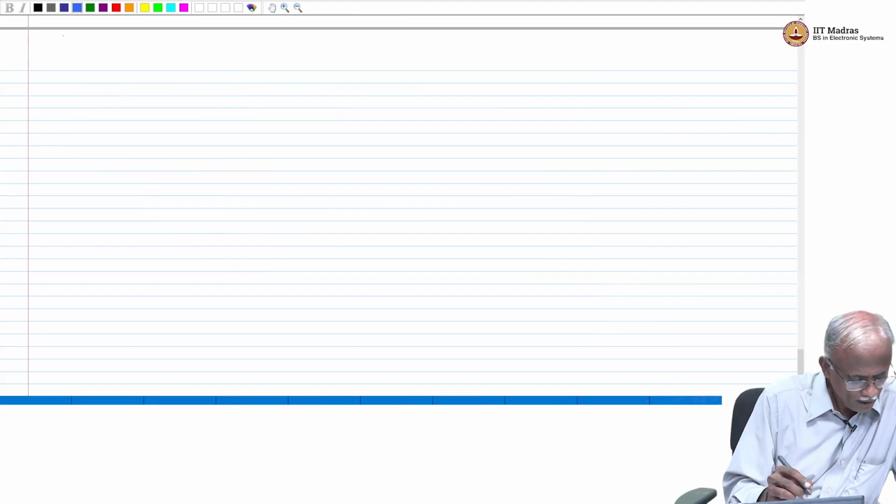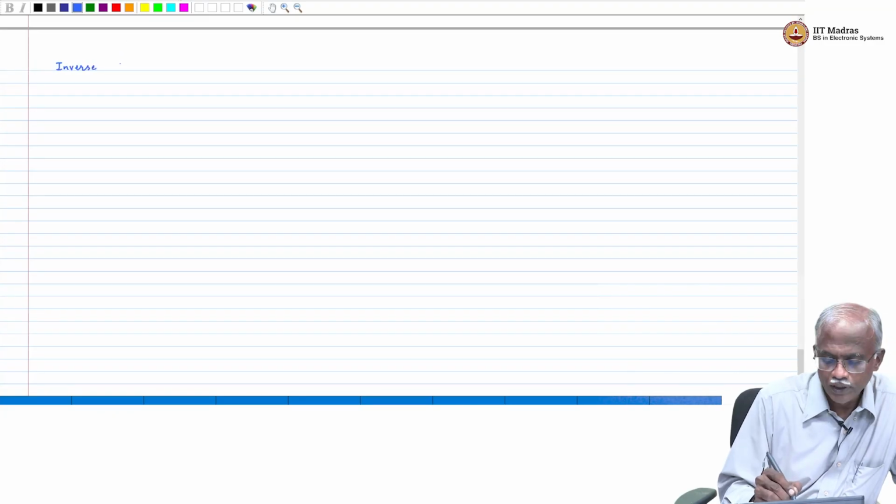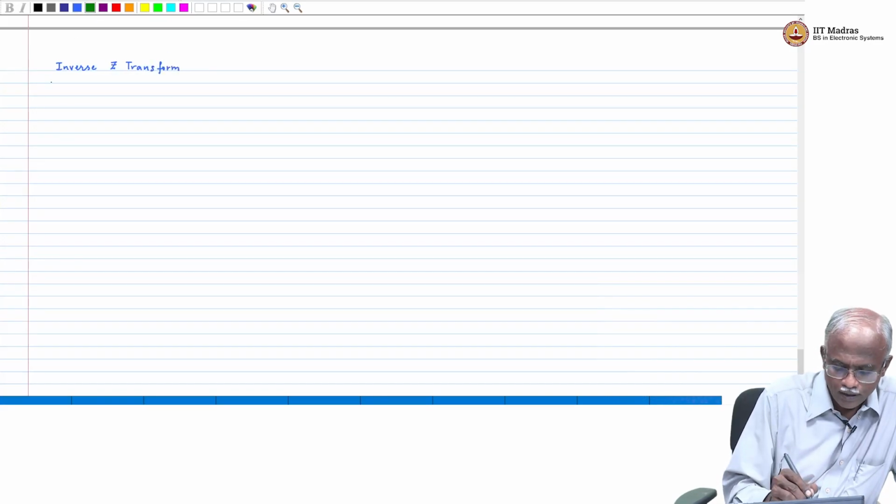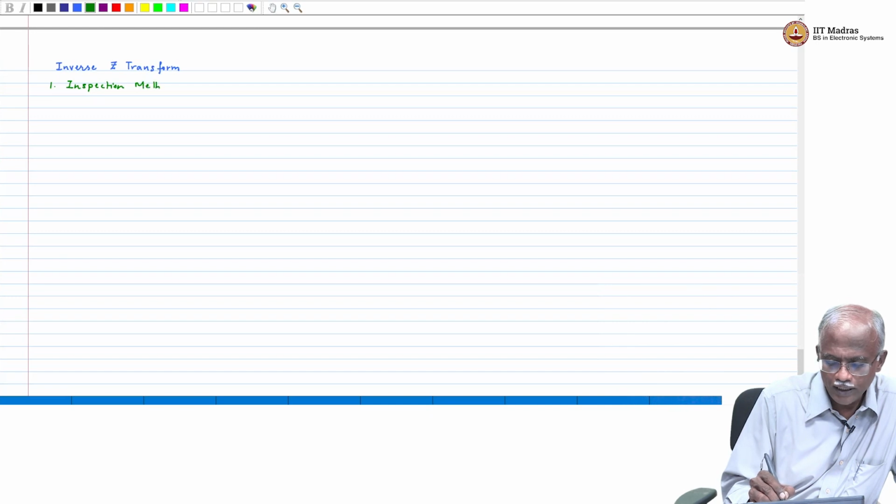Inverse Z transform: there are three main methods that are covered in the book. We will cover all three methods. The first method is called the inspection method, or using the Z transform pairs.